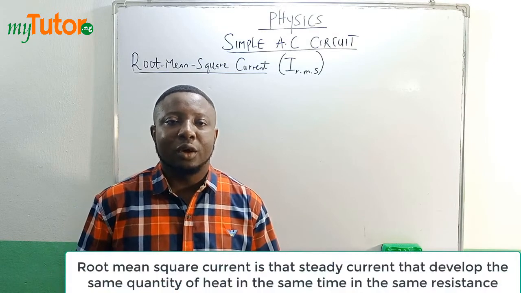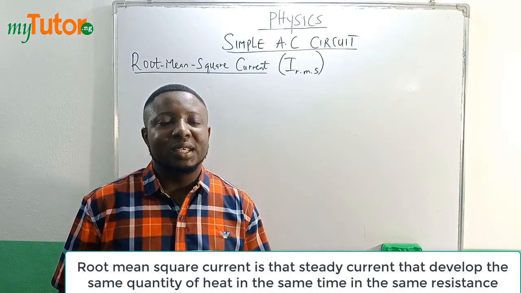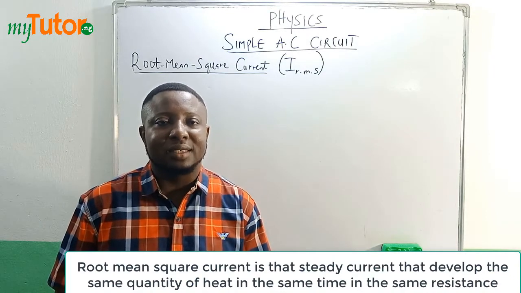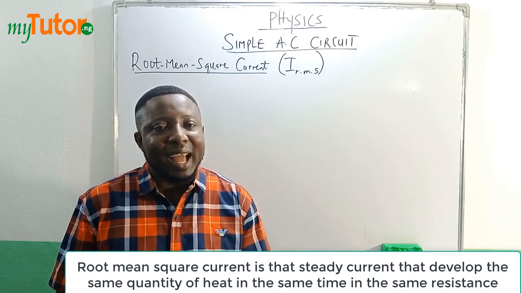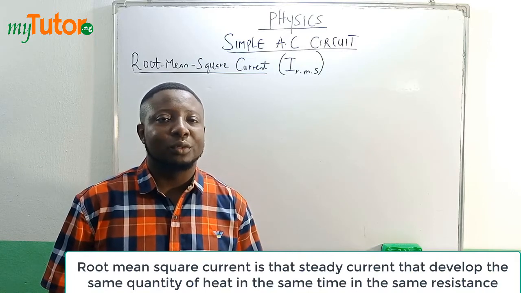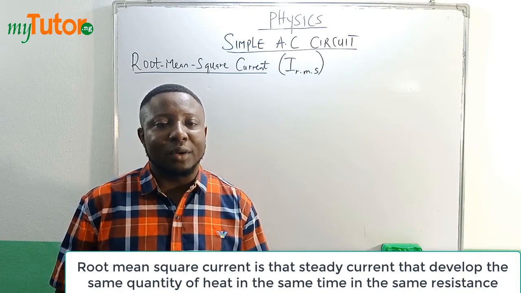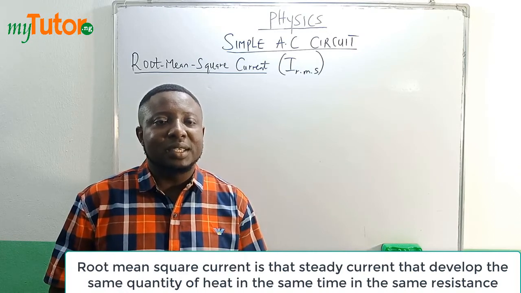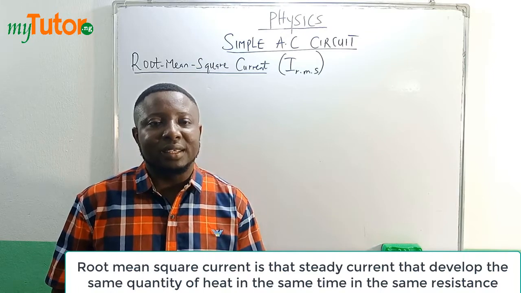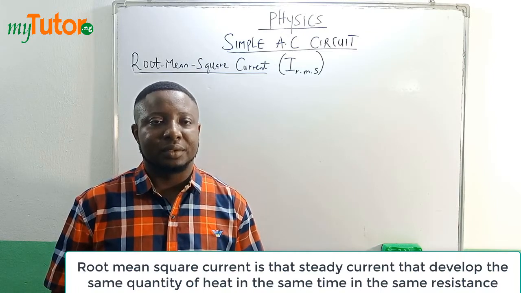The root mean square current is that steady current which develops the same quantity of heat in the same time in the same resistance. So by definition, we say that the root mean square current is the steady current that develops the same quantity of heat in the same time in the same resistance.